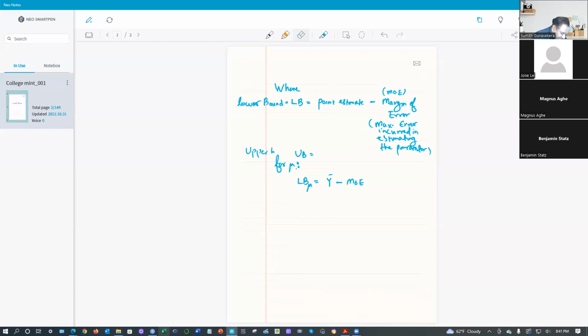Or upper limit: point estimate plus, this time, margin of error. So the upper bound of mu is y bar plus margin of error.